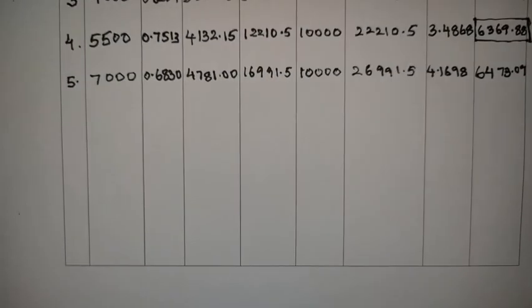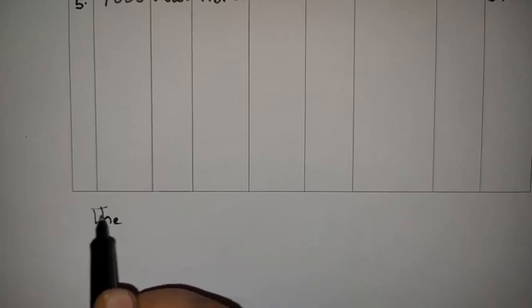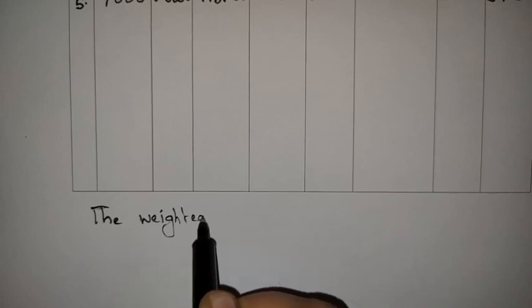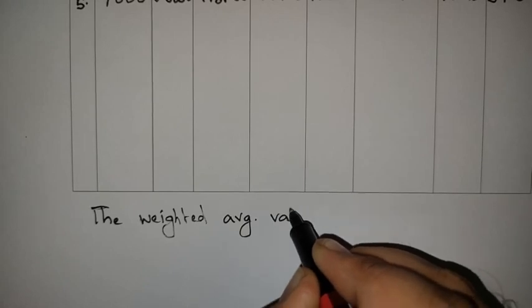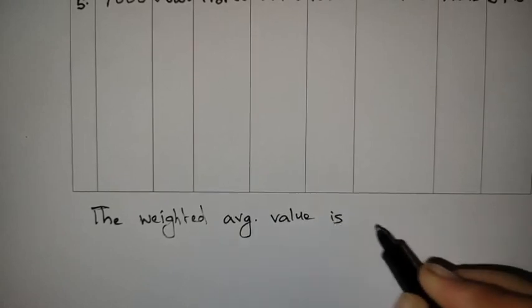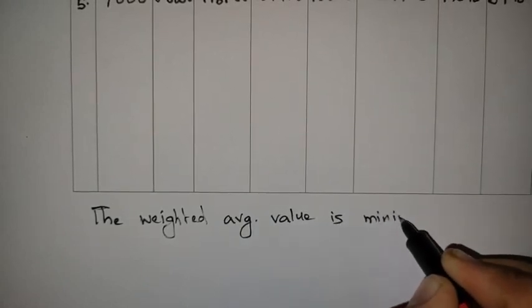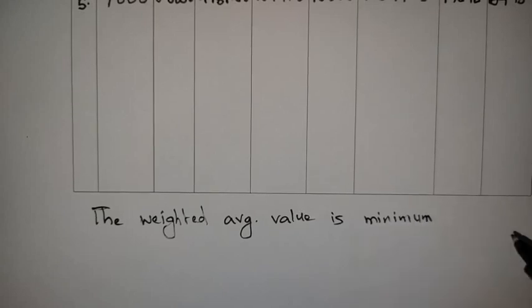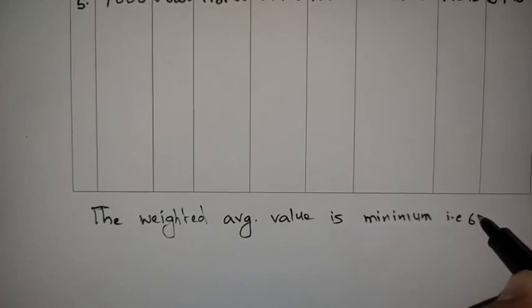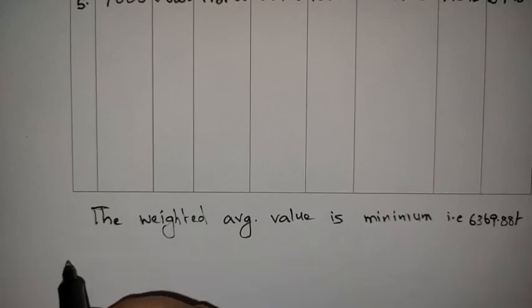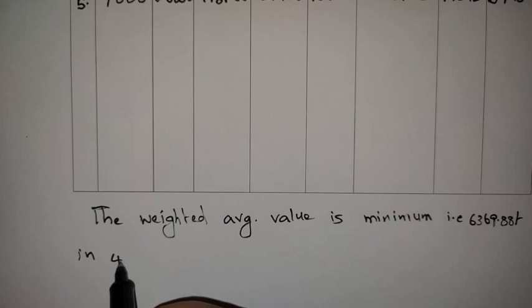So now what can we conclude? We can conclude that the weighted average value is minimum, that is 6369.88 rupees in the 4th year.